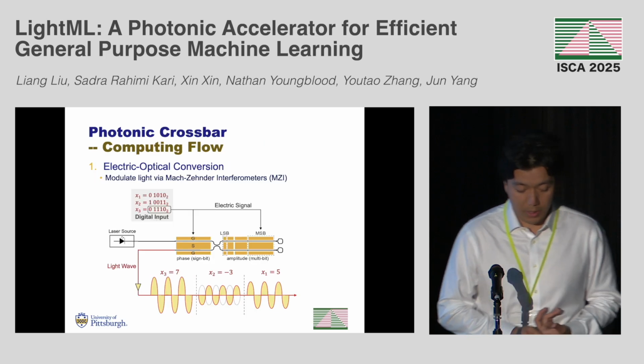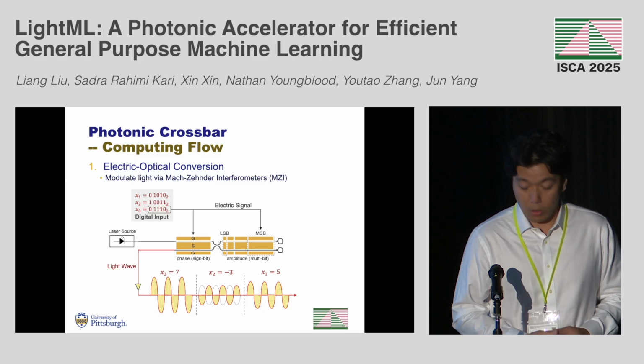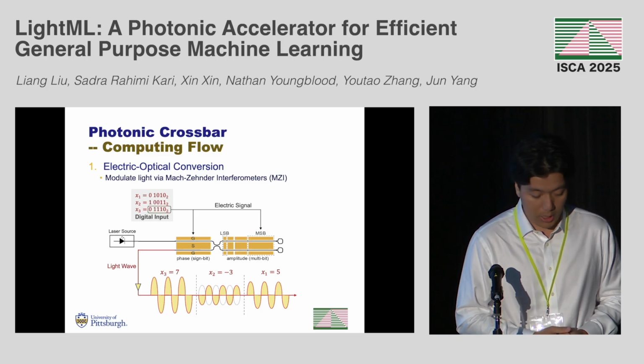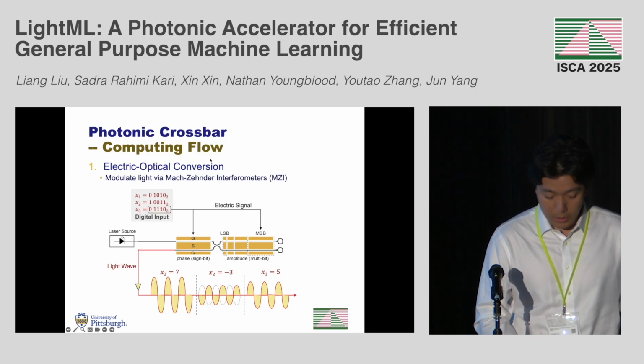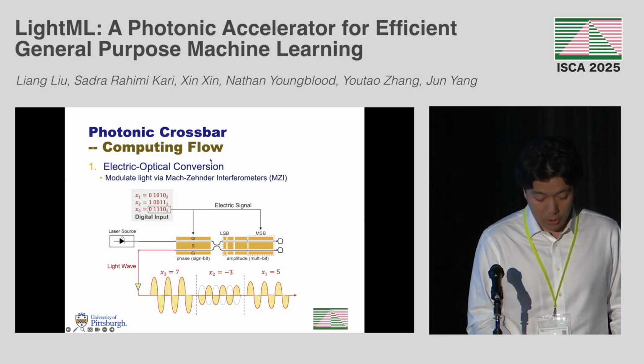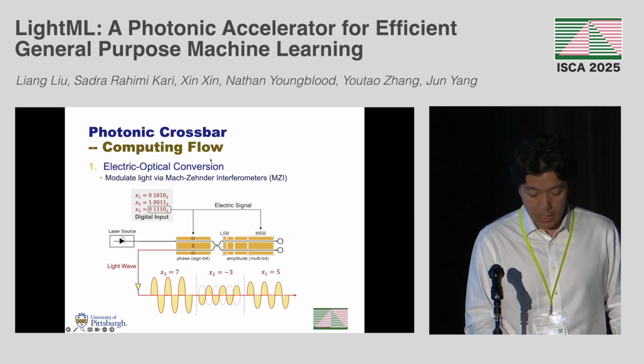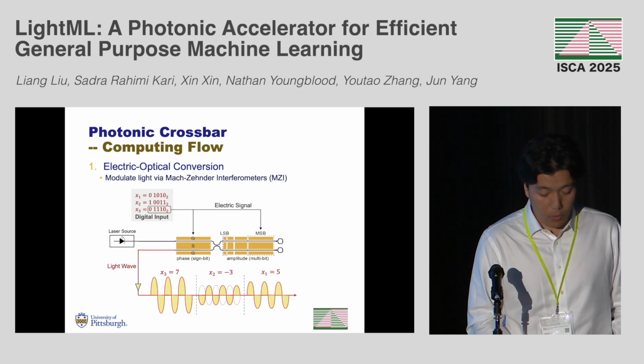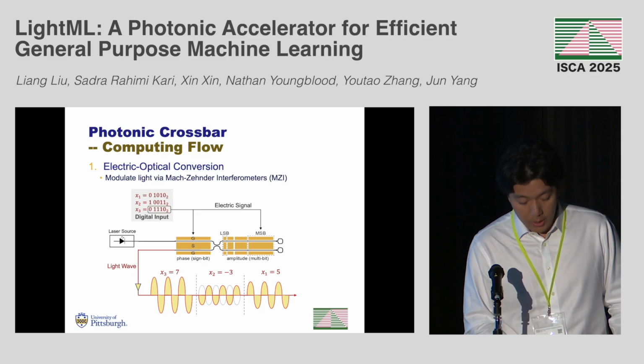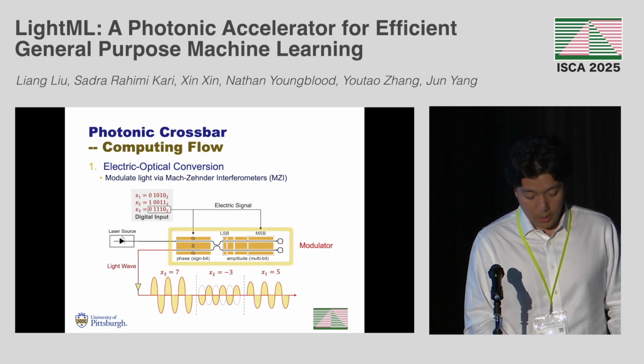Next, we'll take a close look at how the dot product is computed in each unit cell. The first step is to convert the digital signal to an optical wave using the modulator. The light first comes from a laser source and passes through a modulator.